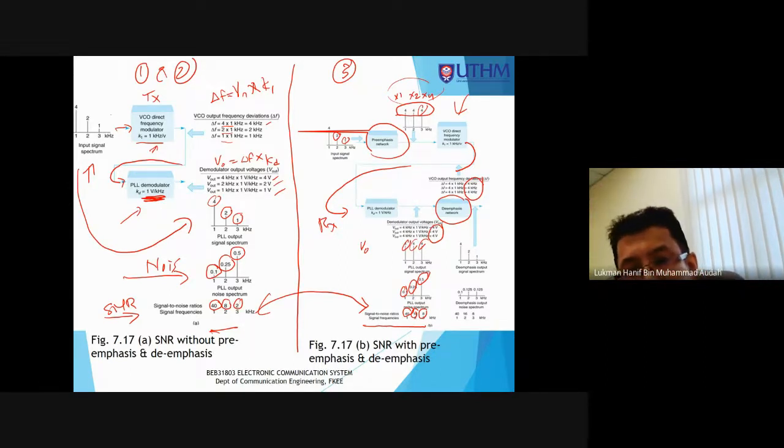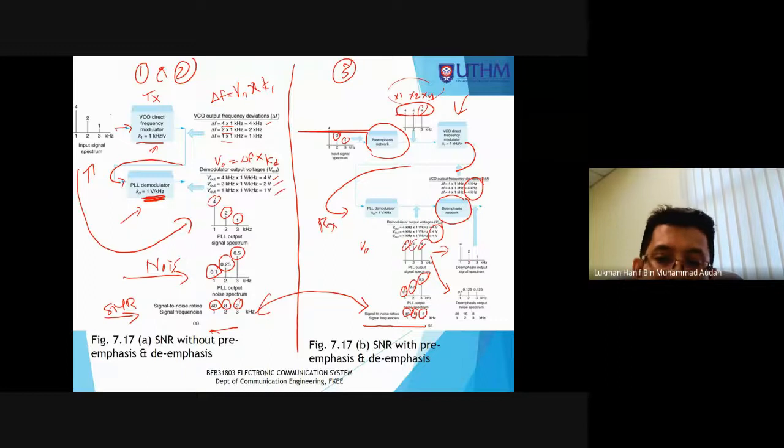And remember that we need to reduce the signal by the same factor at the PLL output. If we reduce the signal level, that means we also reduce the noise level at the same rate. Earlier I multiplied by 1, so I have to divide by 1. This one I divide by 2. This one I divide by 4. So 4 divided by 1, I get 4. 4 divided by 2, I get 2 volt. 4 divided by 4, I get 1 volt.